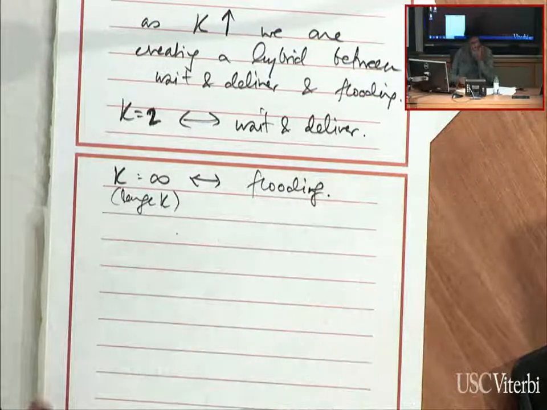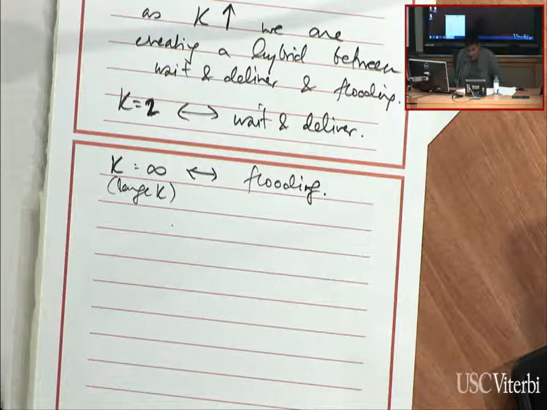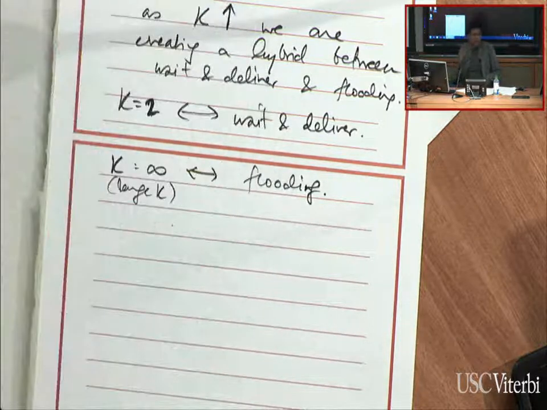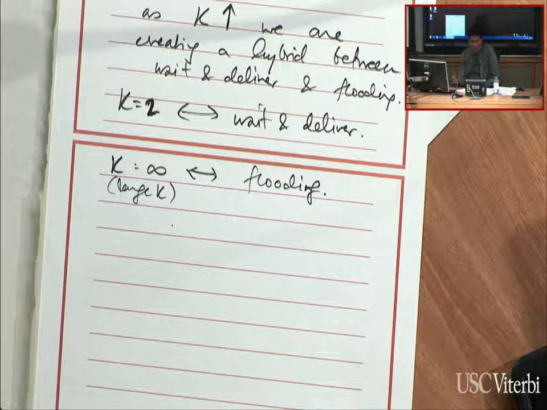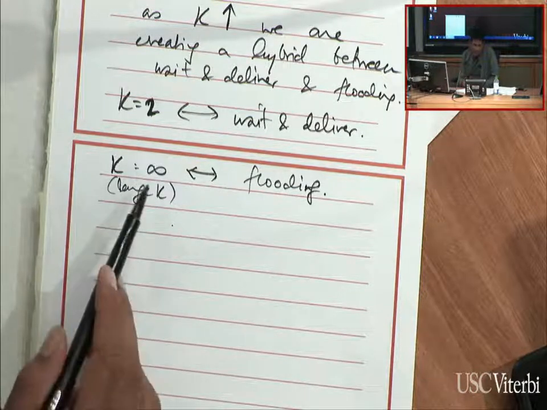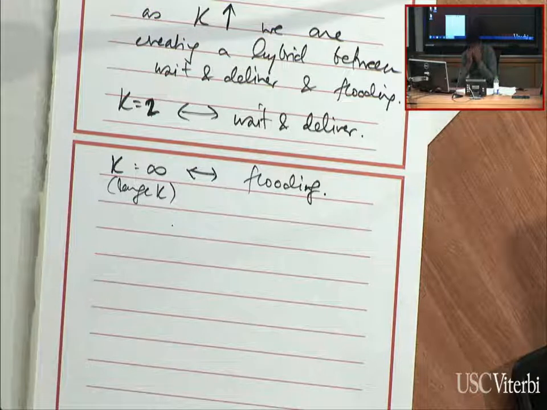It's a little tricky because the way the copies are made, if you end up with just 1 copy, you can no longer copy, whereas flooding will always make copies, right? So K has to be large enough. In fact, you don't need it to be quite infinity. I'm just blanking off the top of my head. I think even like 2 to the n plus 1, where n is the number of nodes, might work.